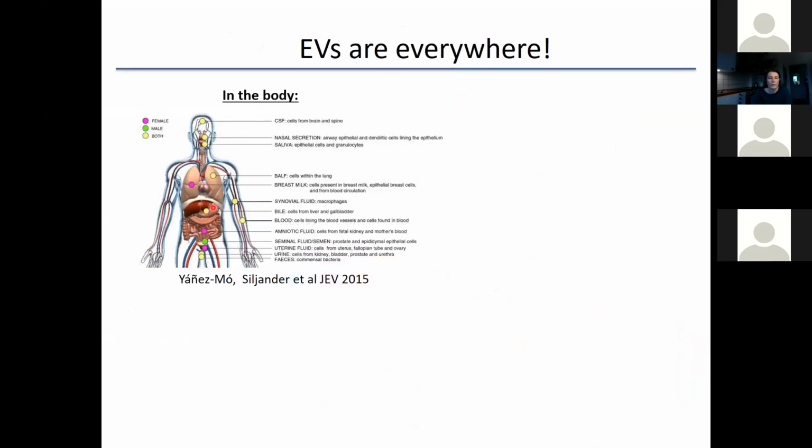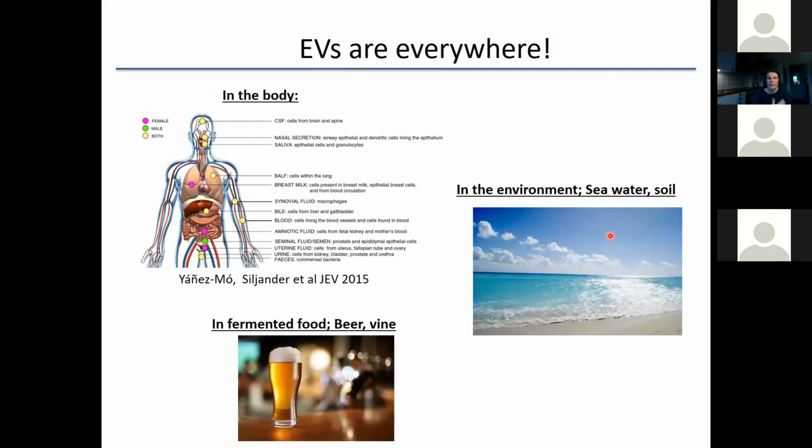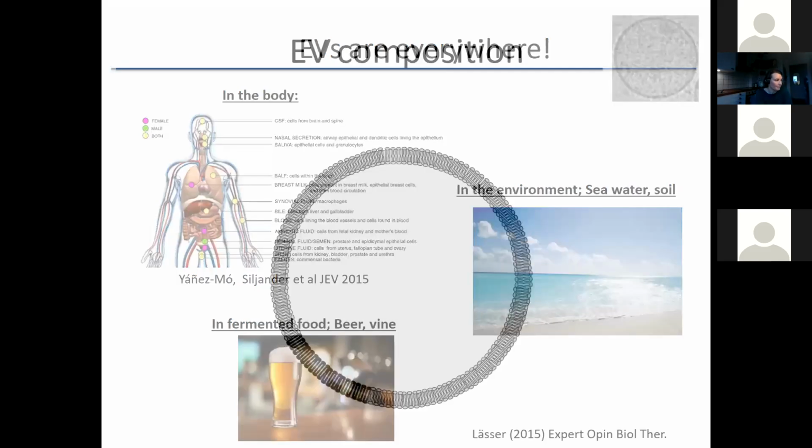So if we look in the body, we find them in blood, saliva, urine, and so on. They're in breast milk. They're everywhere. We also have them in the environment, so sea, water, soil. And since yeast and bacteria are releasing them, we also have them in fermented food. So if you're having beer or wine or other fermented food, you're actually eating these vesicles.